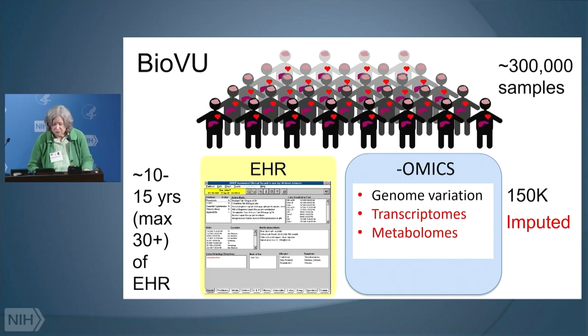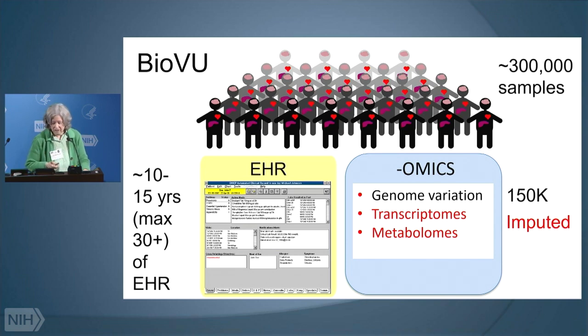So all this work was done in the context of the biobank at Vanderbilt University, where we have EHR data going back an average of 10 to 15 years and more than 30 years in some subjects. We have more than 300,000 DNA samples in the biobank now, and we have genome interrogation on about half of those subjects in various ways: GWAS, exome sequencing, whole genome sequencing.